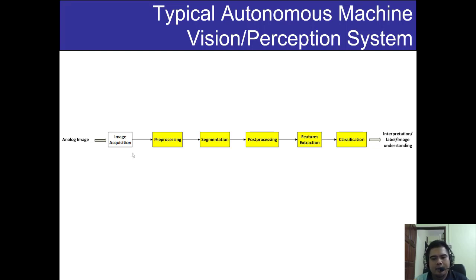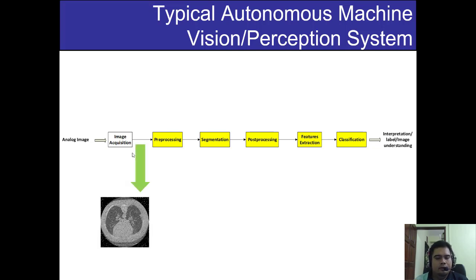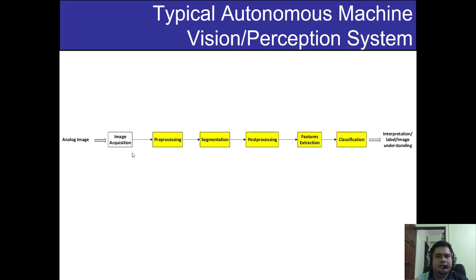You can see that I give you one example of an autonomous machine vision system, which is the same example as the previous poster that I showed you, the cross section CT scan image. And of course this is just an example.